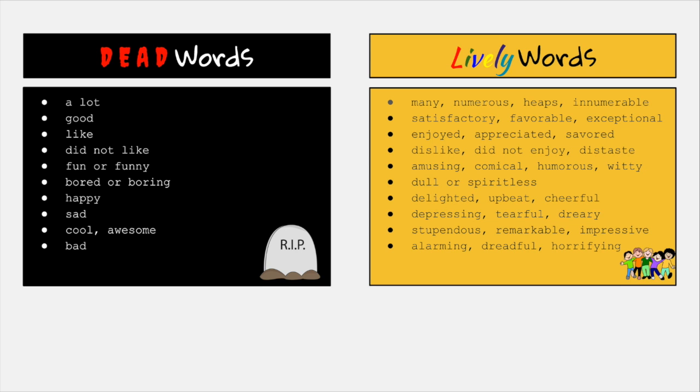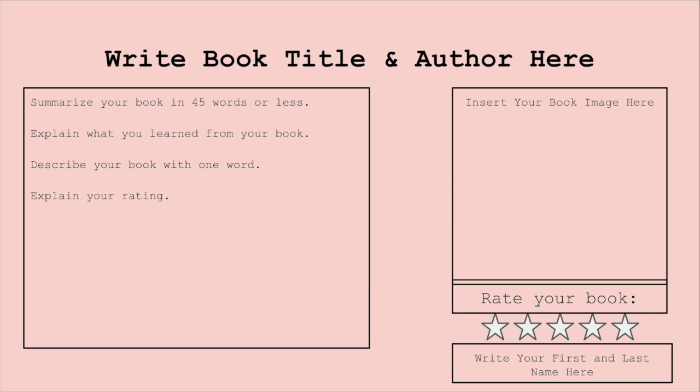You didn't like the book, you disliked it, did not enjoy it, you had a strong distaste for the book. You thought the book was fun or funny. It was amusing, comical, humorous, witty. You get the point. So note that the dead word can be replaced with any of the lively words right across from it. Let's keep going.